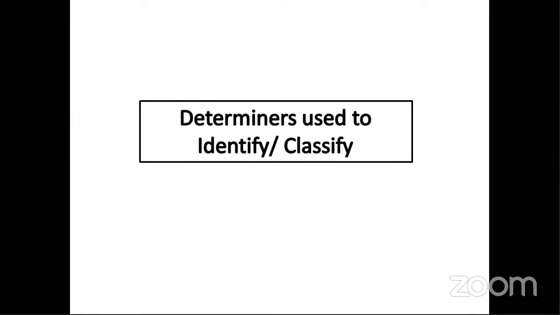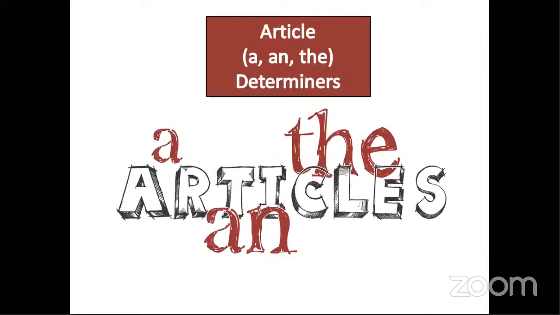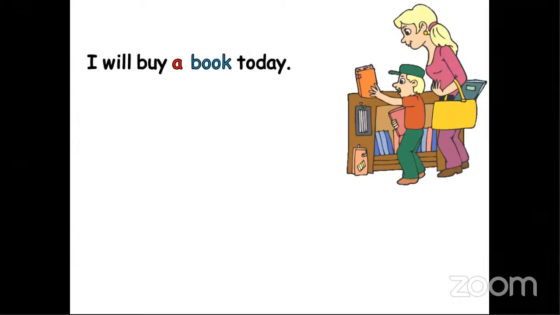We will start with article determiners, also called specific determiners, which are the usage of a and the. We will understand it again with examples. When we say, I will buy a book today, now a refers to a book in general.